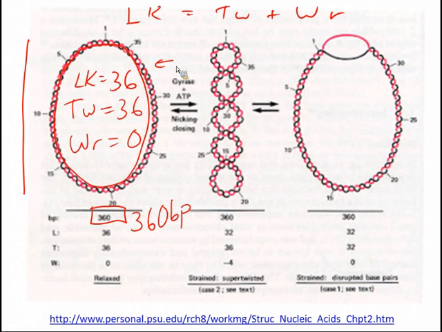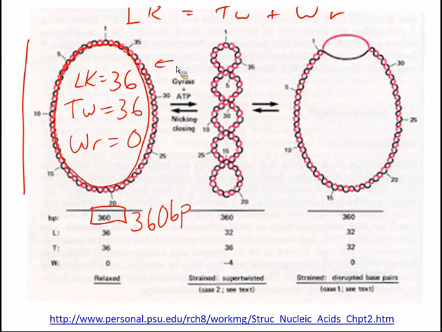I say close to 0 because remember, these two things do not need to be integers. So while link must be an integer, neither twist nor writhe needs to be an integer. So you can imagine if you are working with a belt or with a cord, and we put just a little bit of, just make it a little bit out of the plane.